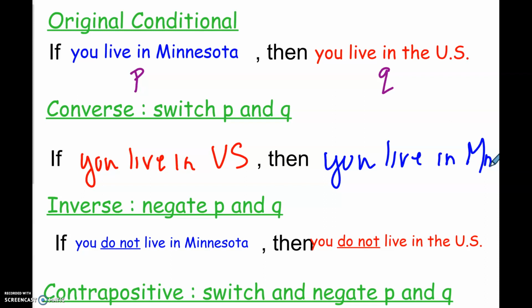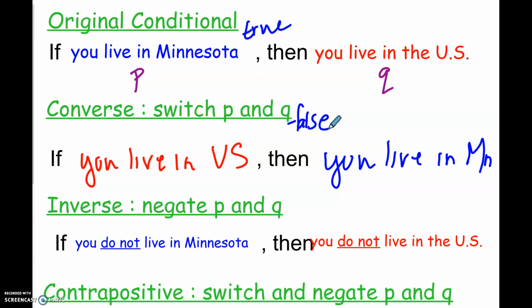That's what the converse is. You go back to the original and you switch the P and the Q. Now, the first one, if you live in Minnesota, you live in the United States. Is that the original truth value? Is this true? And this is true. Now let's look at the converse. If you live in the US, then you live in Minnesota. Well, that's false, because you could live in California, New Mexico, Arizona, any of the other states.